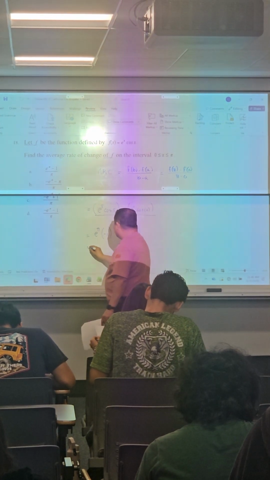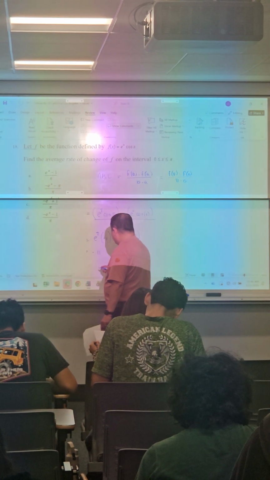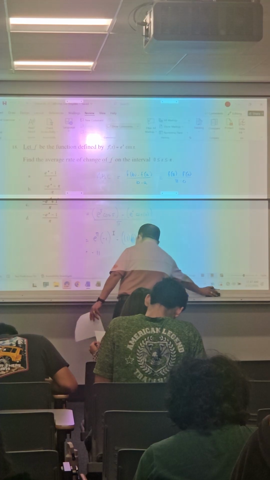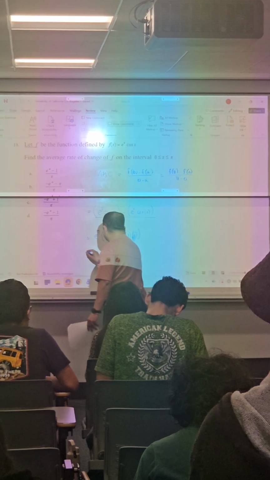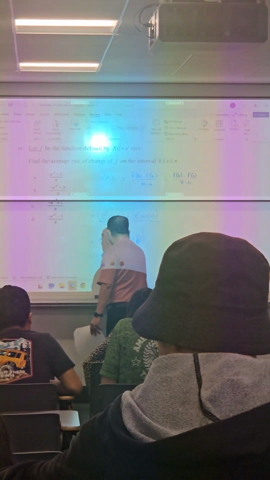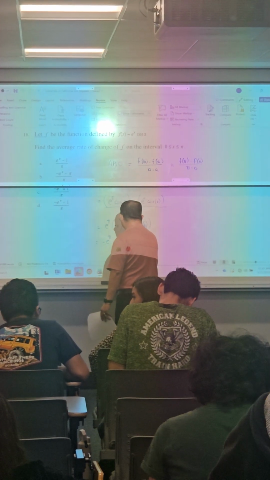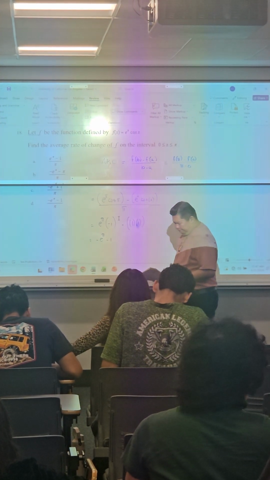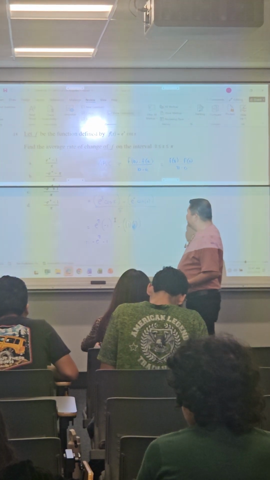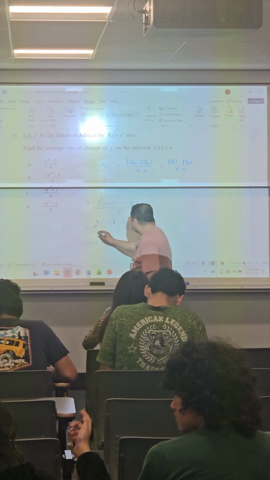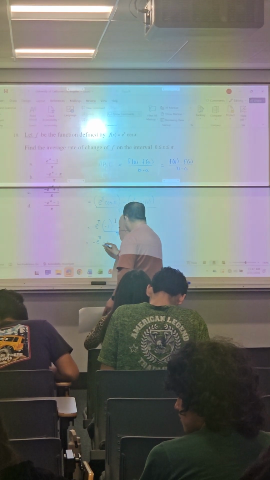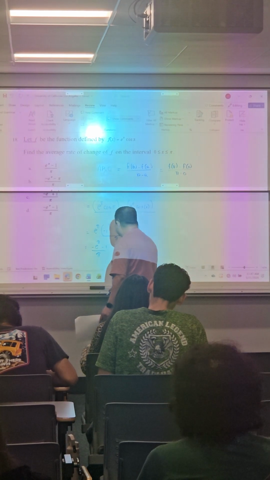So this is e to the power of -1 minus 1, over pi. Okay?